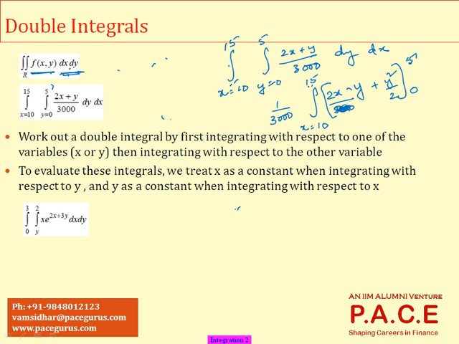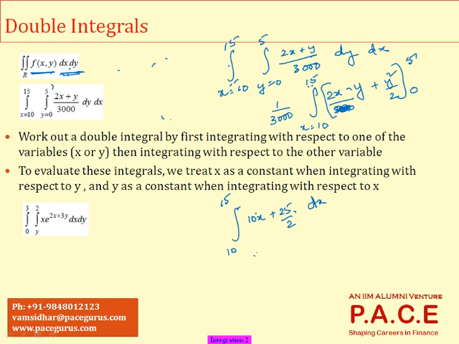So what is it that is coming out? Integral 10 to 15. Substitute 5 in place of y and x, leave it as it is. So how much is that coming out to? 10x plus 25 by 2 minus, if I substitute 0 in place of y, both of them are becoming 0. So this is what is being left with, and I am left with a dx.